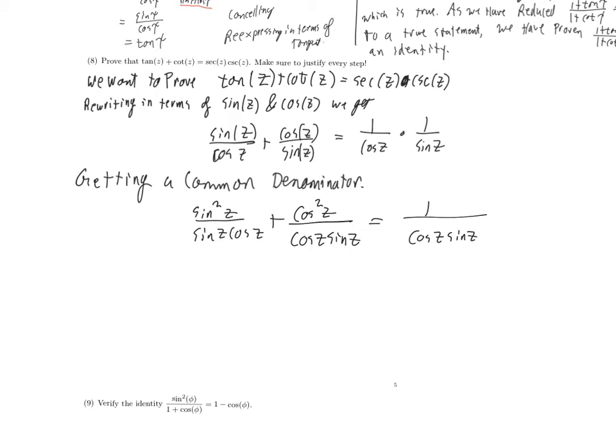So how do you multiply fractions? You just multiply the numerators and you multiply the denominators. It's easy to multiply fractions. It's adding fractions that's hard. But now that we have a common denominator, it's not hard to add fractions. You just add the numerators.